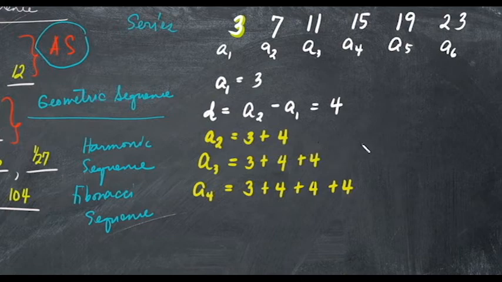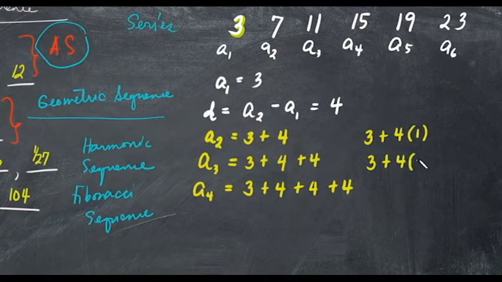So, let's simplify this. Your a sub 1 is just 3. Your a sub 2 is 3 plus 4 times 1, because there is only one 4. Your a sub 3 is 3 plus 4 times 2, because you added two 4s. Your a sub 4 is 3 plus 4 times 3.